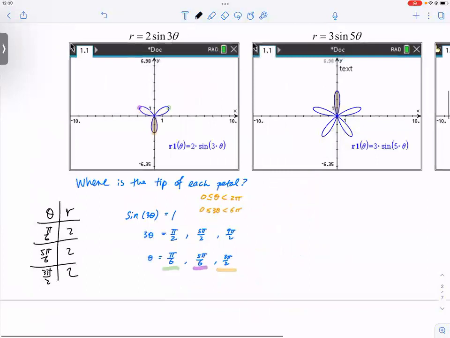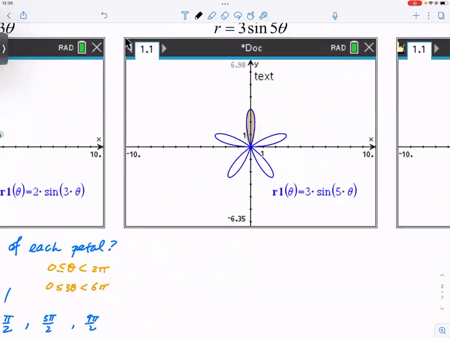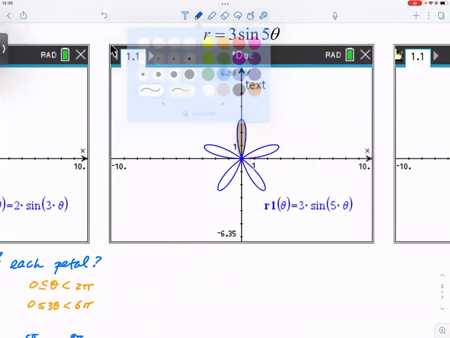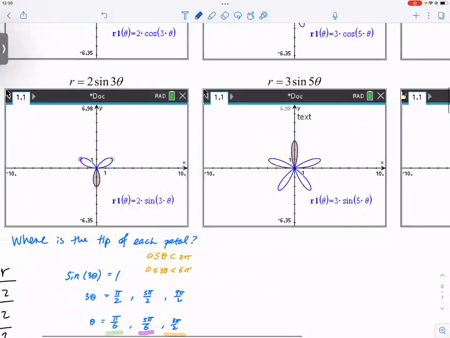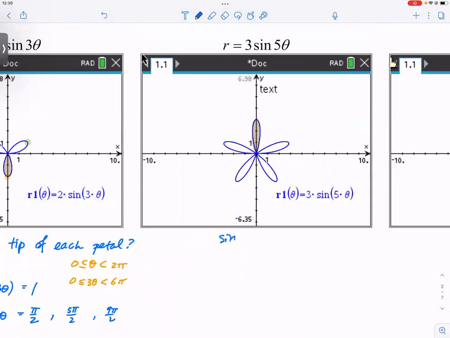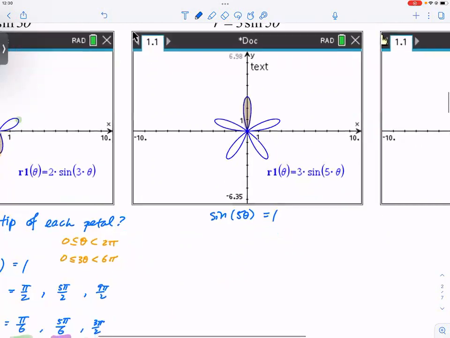All right, now let's see how this question can be applied to the next graph. So what about 3 sine 5 theta? Same question: where is the tip of each petal? So sine 5 theta is equal to 1.